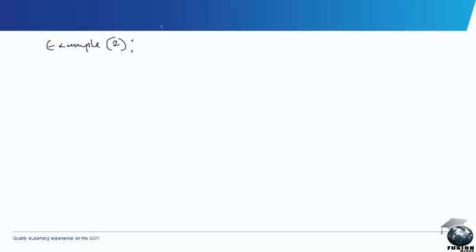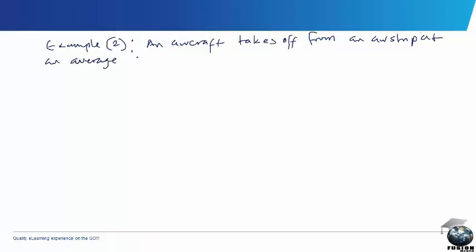Example 2 states that an aircraft takes off from an airstrip at an average speed of 20 kilometers per hour, on a bearing of 52 degrees, in 3 hours.